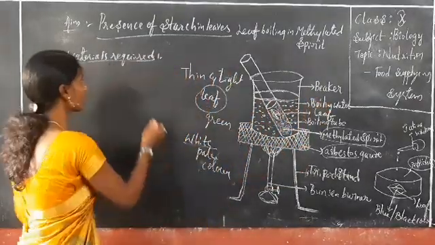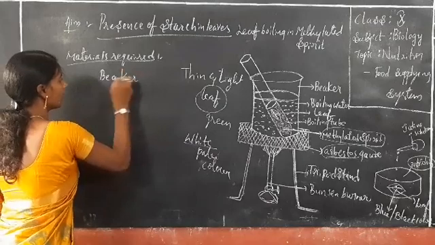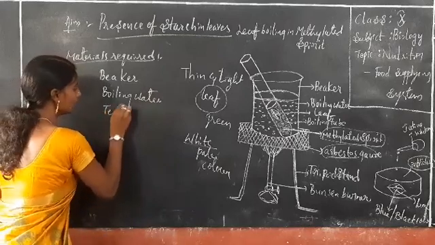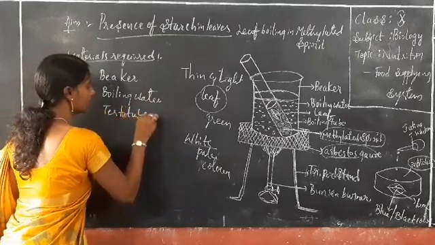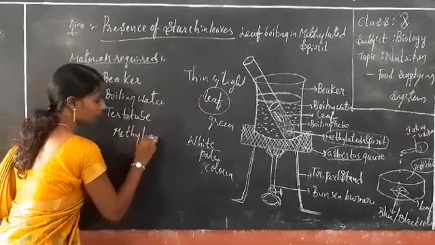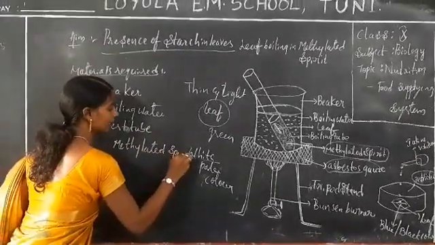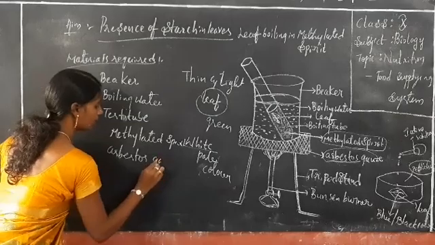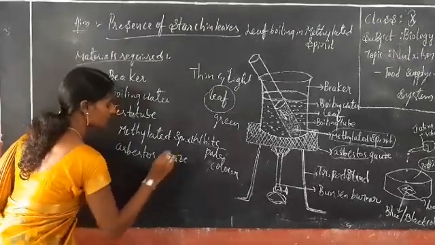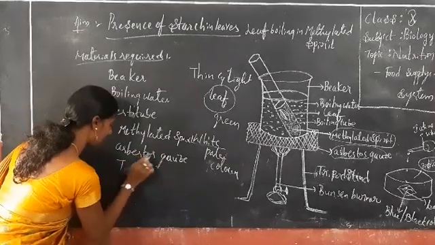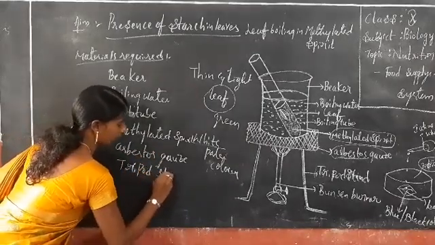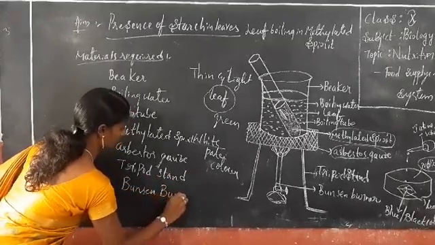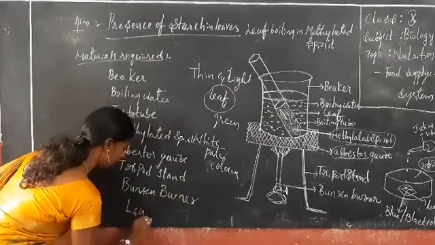Beaker, boiling water, test tube, methylated spirit, asbestos gauze, which is very important, tripod stand, Bunsen burner, and finally a leaf.